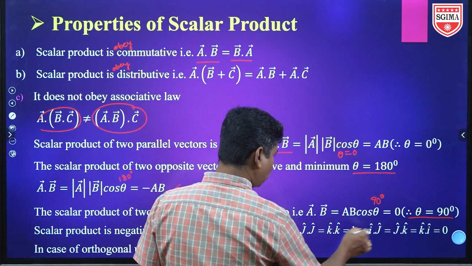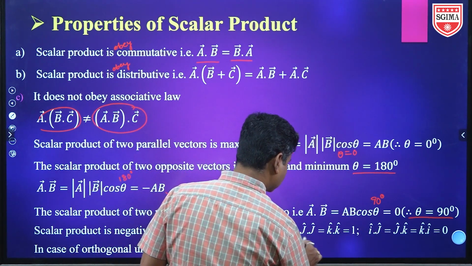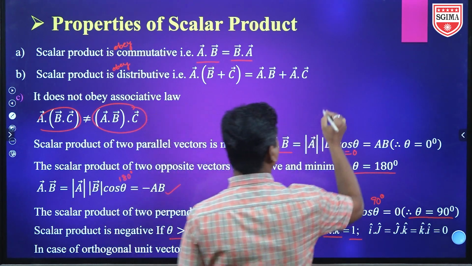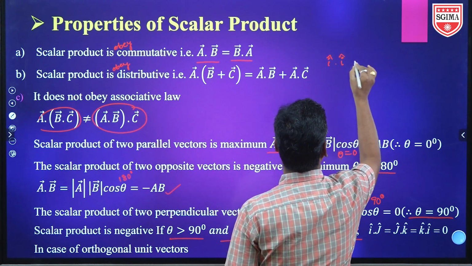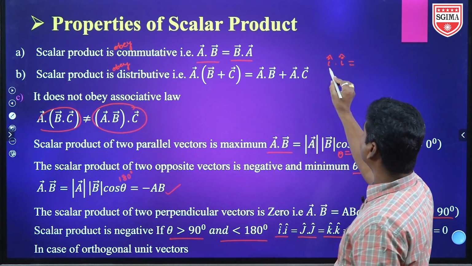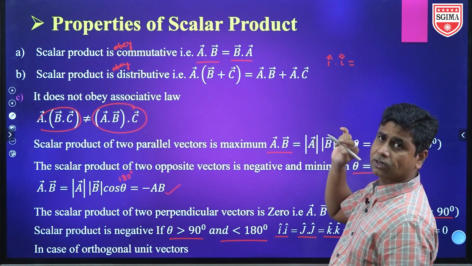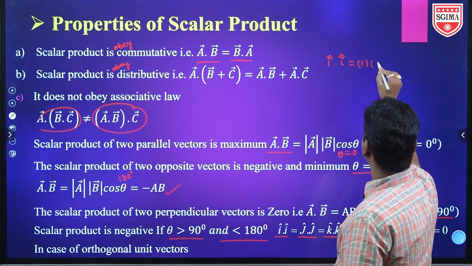Next, let us look at unit vectors. Here i dot i equals j dot j equals k dot k equals 1. Take i cap dot i cap: it is a unit vector, and the other i cap is also a unit vector, each with magnitude 1.